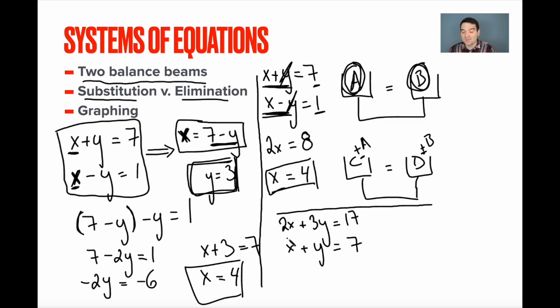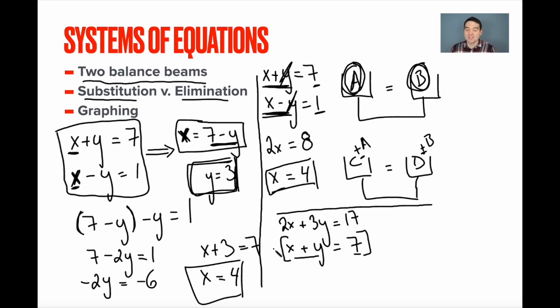So if I want to use elimination here, I'm going to have to take a step before I do elimination. And that step is multiplying both sides of the second equation so that it will cancel when I add or subtract. Now, if I'm looking at the numbers that I want, I either want to multiply by a 2 or a 3, so that either the x or the y change.